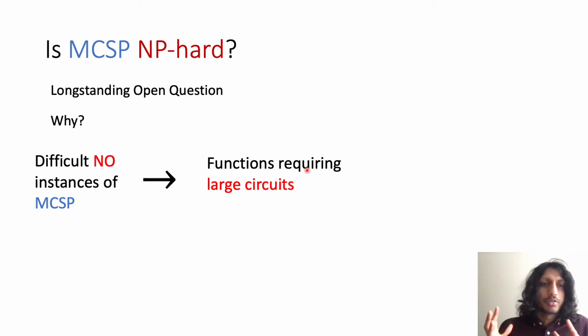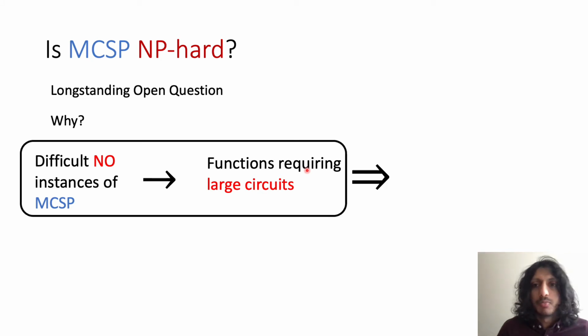This is one of the long-standing goals in complexity theory, to come up with explicit functions that require large circuits, and we don't know of any of them yet. So as you can imagine, that might make it difficult to design an NP-hardness reduction, since we don't know any non-trivial no instances of MCSP, at least explicitly. That makes it hard to design a reduction from SAT to MCSP.